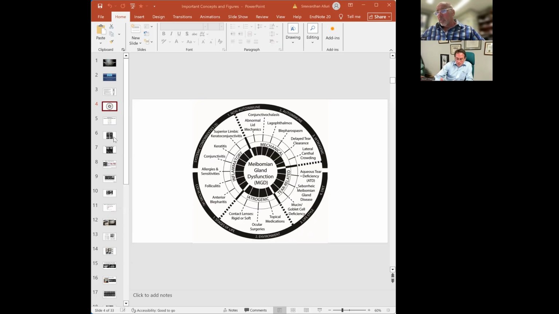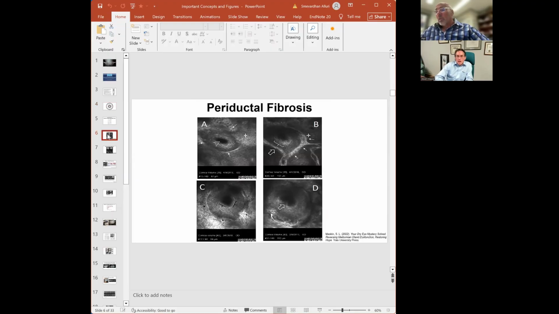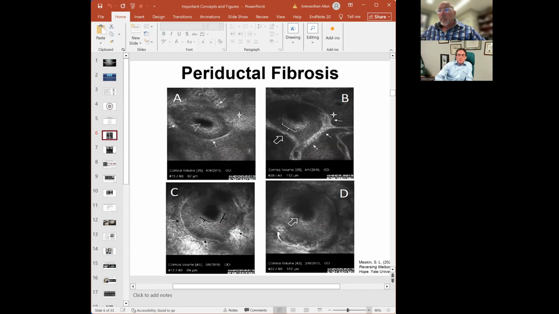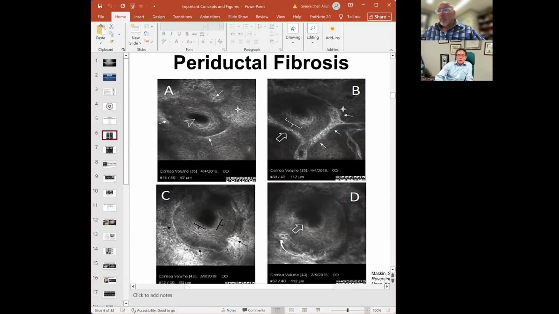So I think Claire's going to put up another figure. This is from a published article in 2019 where we show the periductal fibrosis. Is there a way to enlarge that, Claire? Thank you. That's better. Perfect. So in A, the open arrowhead is pointing to the lumen, or that channel through which the oil will flow.